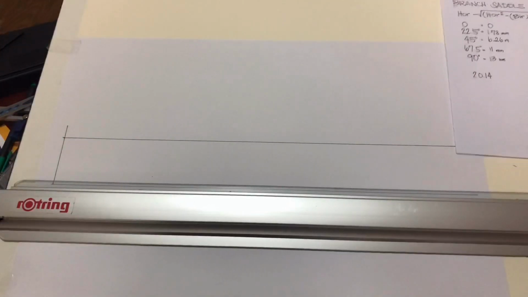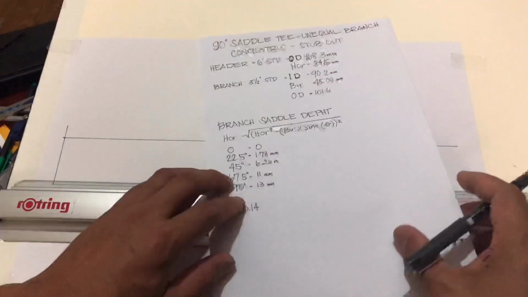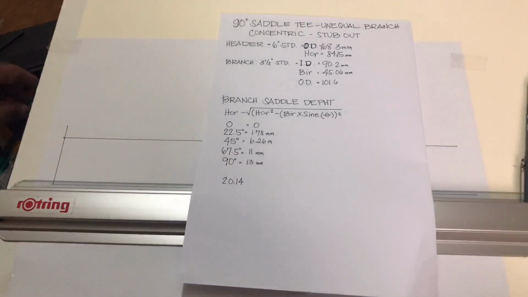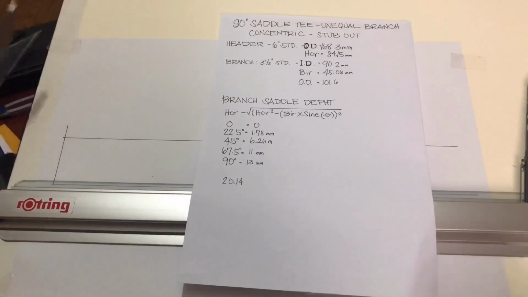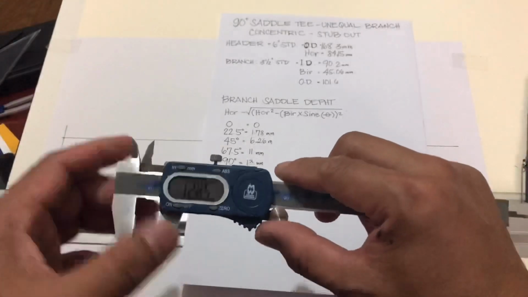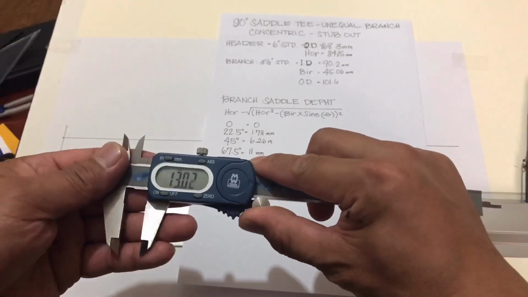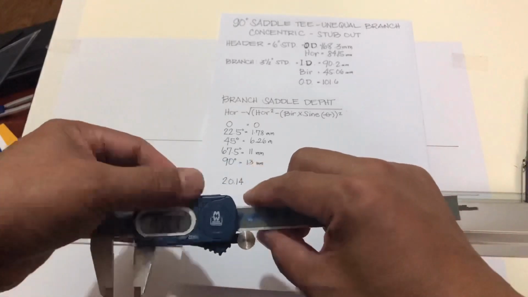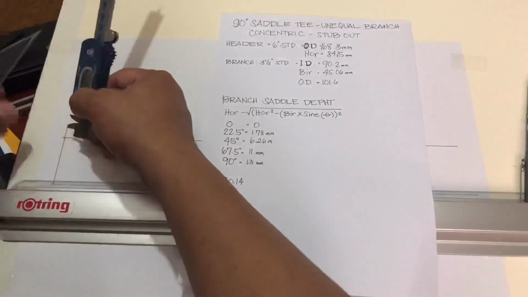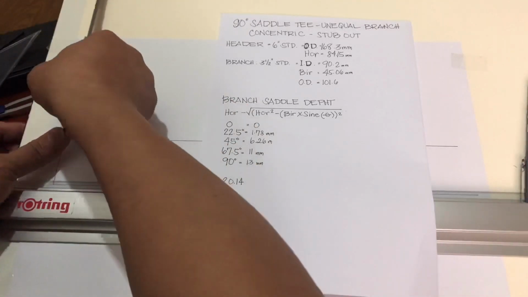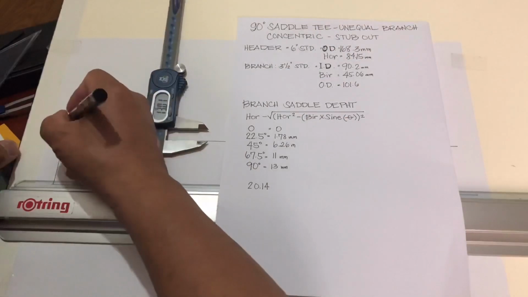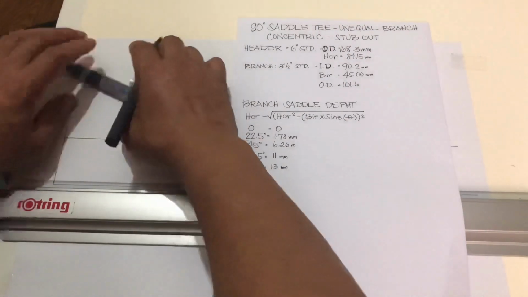Now next, you need to get the saddle depth of 90 degrees. So we'll use the caliper. That is 13. Okay, so that's 13.